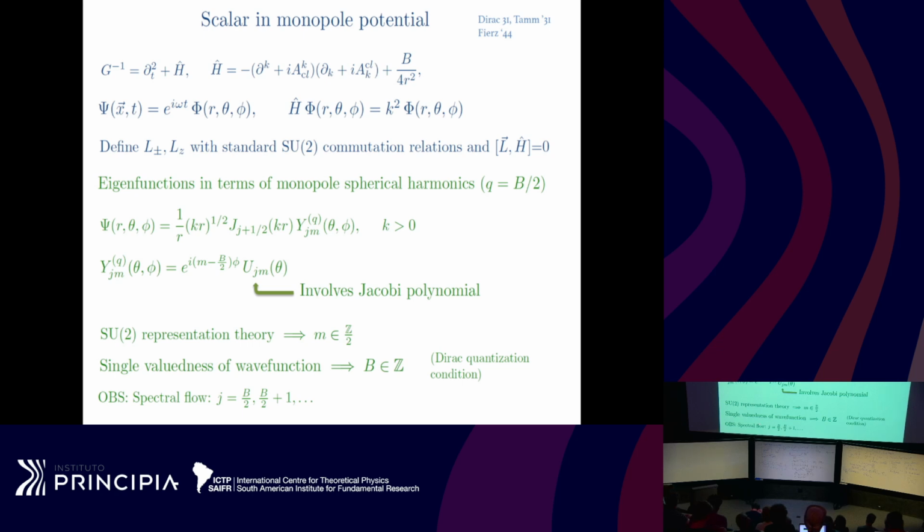And you also see the interesting phenomenon of a spectral flow, that if we start out with b being 0, then the angular momentum has to be integer, but if we turn b to 1, then it suddenly has to be half integer. And we go on to b=2, then it has to be integer again, and so on. So the spectrum flows as a function of the parameter b. Okay. But we have a completely explicit expression for the wave function in terms of these monopole spherical harmonics, and the radial part becomes some Bessel function.